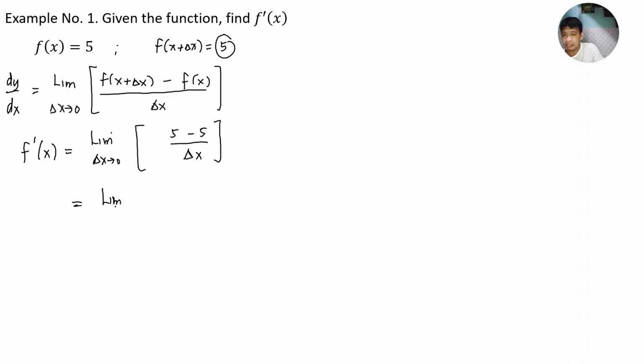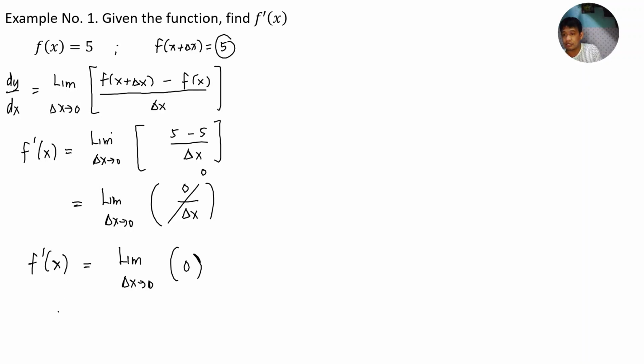That gives us the limit as delta x approaches 0 of 0 over delta x. Then 0 over delta x is 0. Thus we have the limit of a constant as a variable approaches any number is always a constant. Therefore, our first derivative of y with respect to x is 0. So that is the answer there.